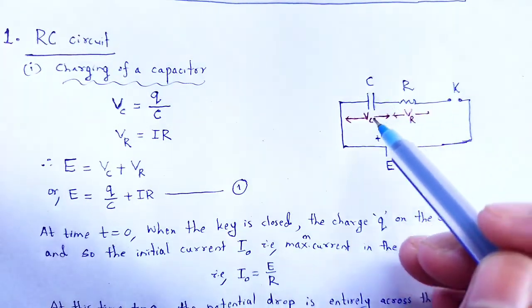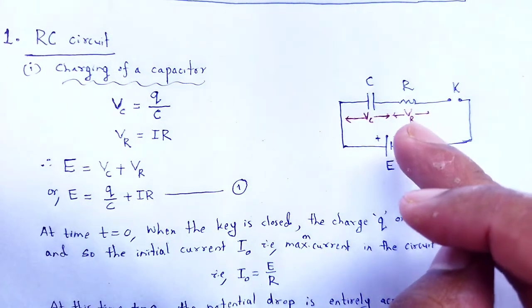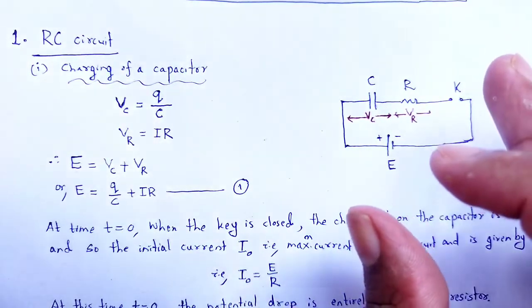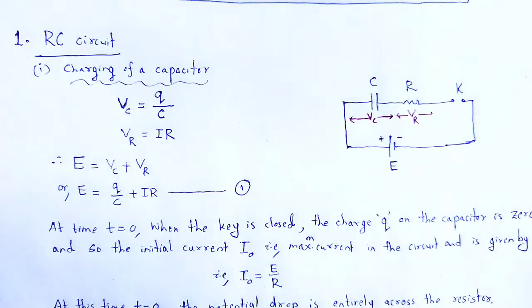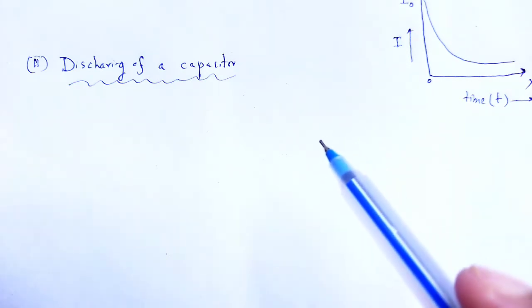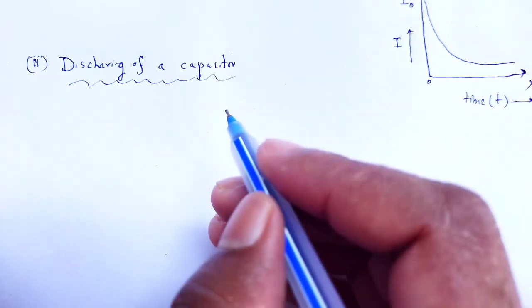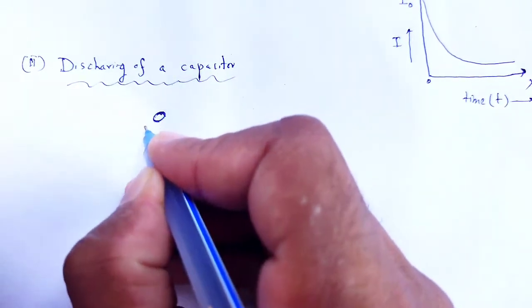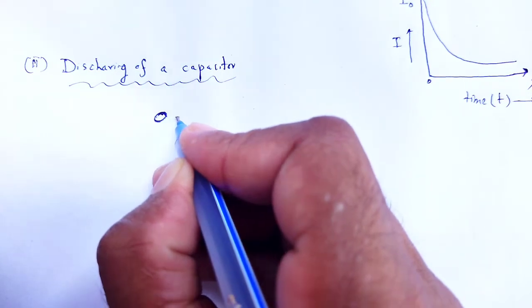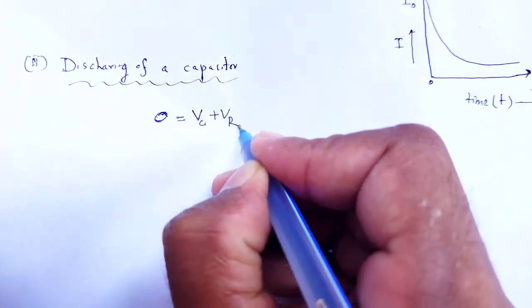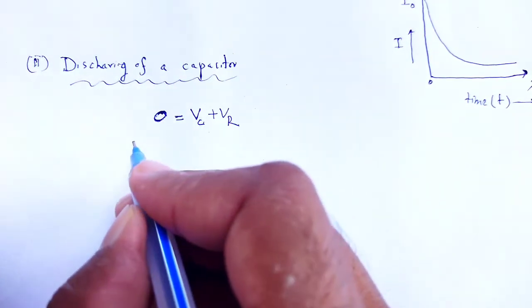Now we can use Kirchhoff's second law. In that mesh, the EMF is equal to 0, that is Vc plus VR.